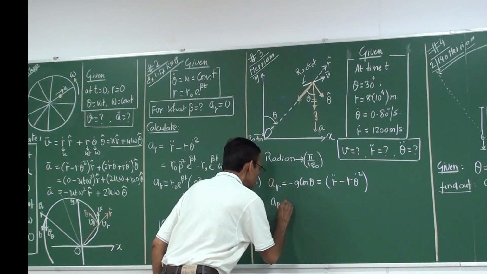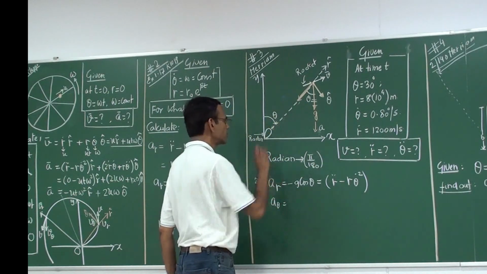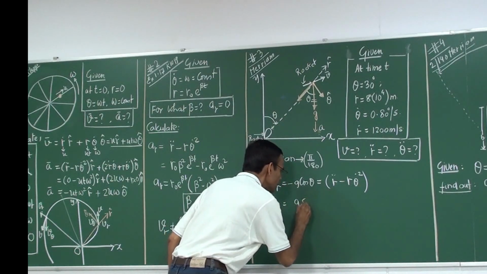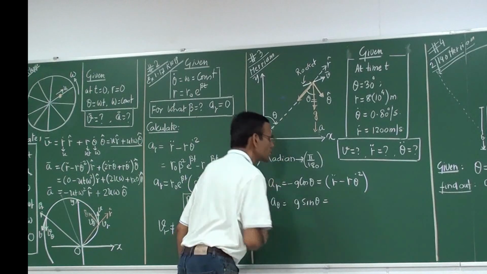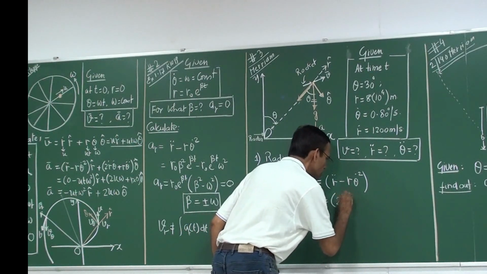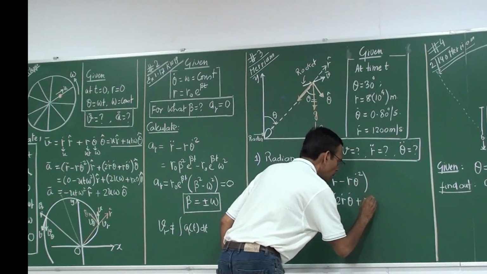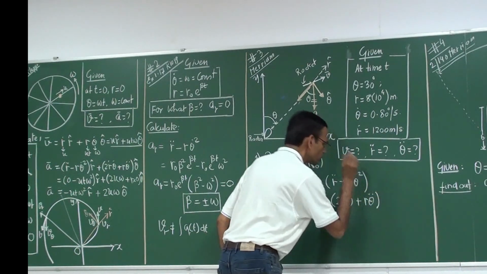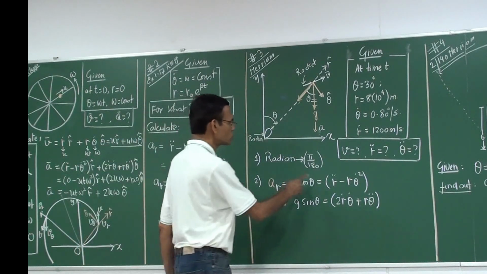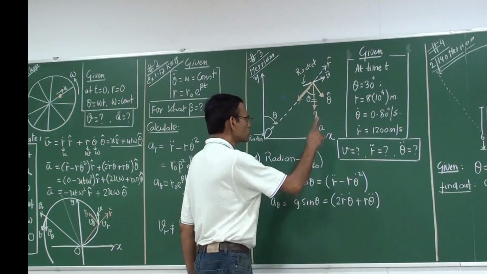A theta is g sin theta, which is equal to 2 r dot theta dot plus r theta double dot. Now you will see from these two equations, most of the quantities are known.